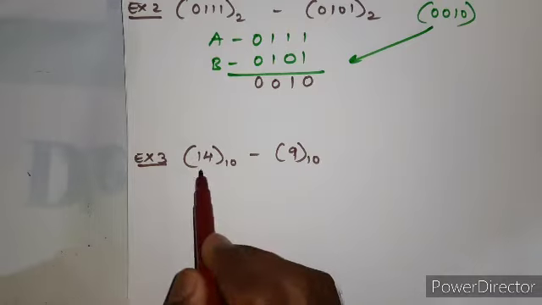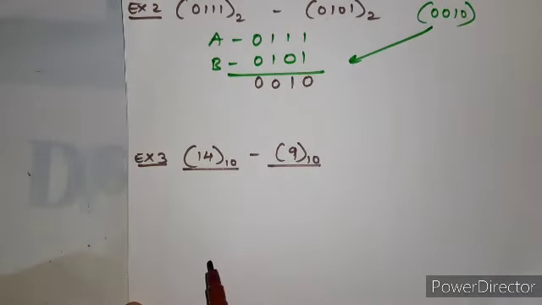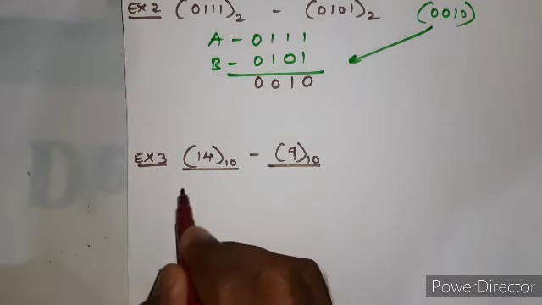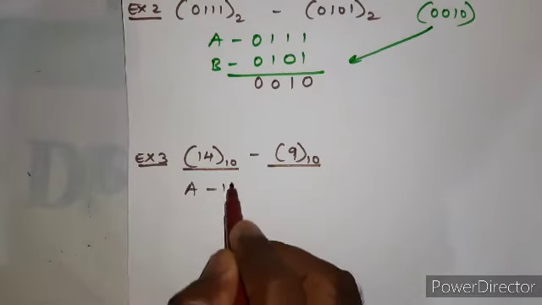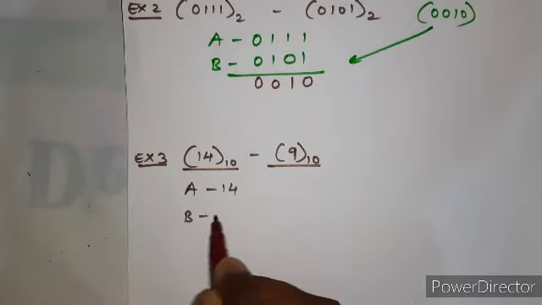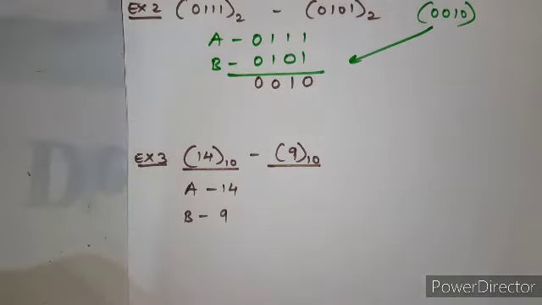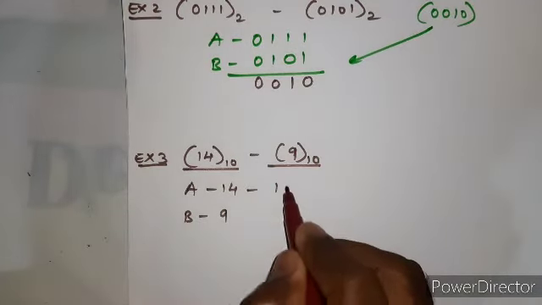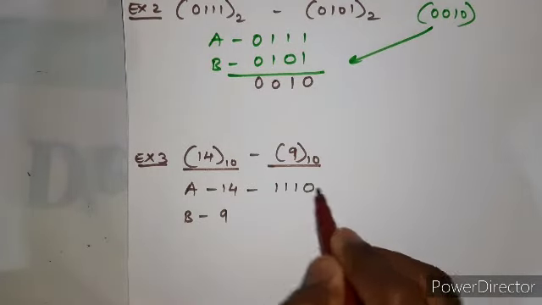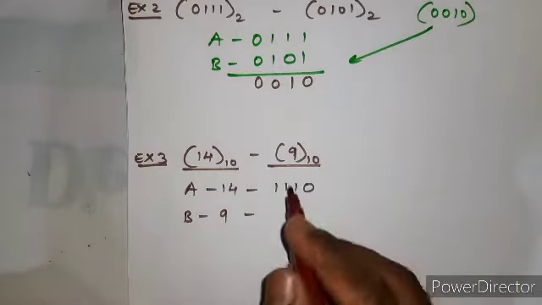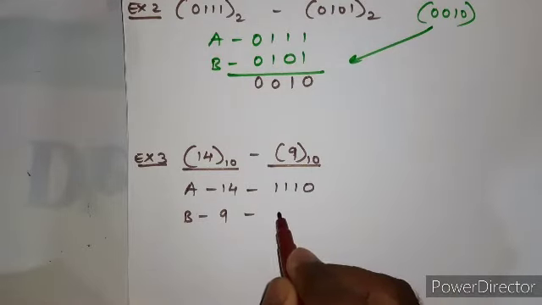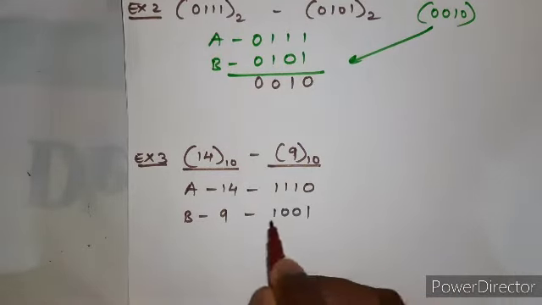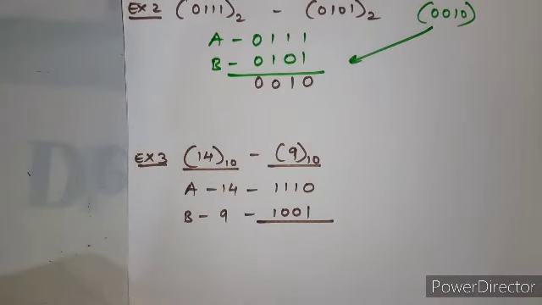Now next example, the numbers are given in decimal, so we are supposed to convert them into binary first. So A is 14 and B is 9. 14 is 1110, and 9 we have already seen in the previous example, that is 1001. Just try to subtract this.